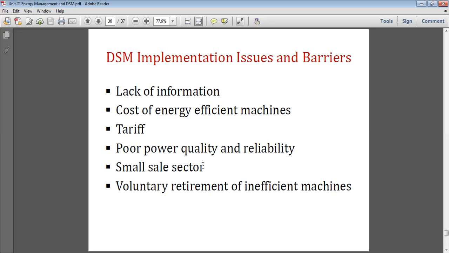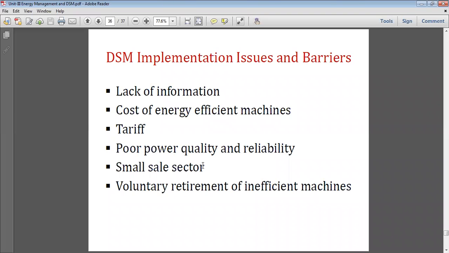So I just calculated what the kVA rating of the capacitor should be for the different small scale industries, in such a way that the consumer gets some benefit of power factor, and on the other side the utility gets some technical advantage. The reactive power deficit is going to reduce.